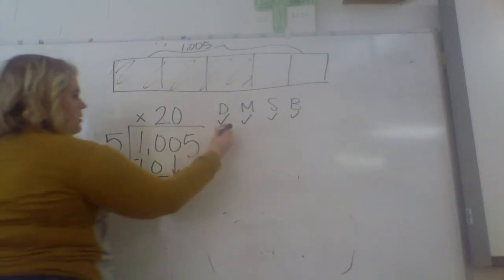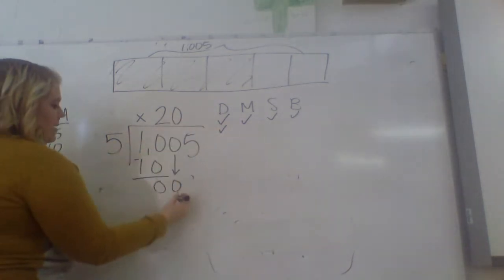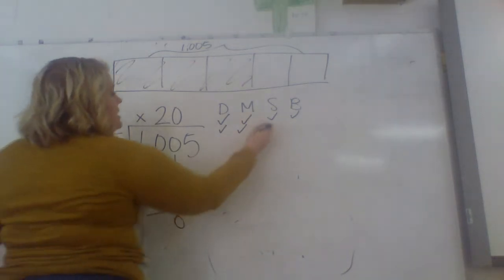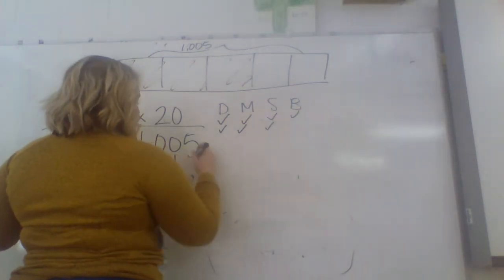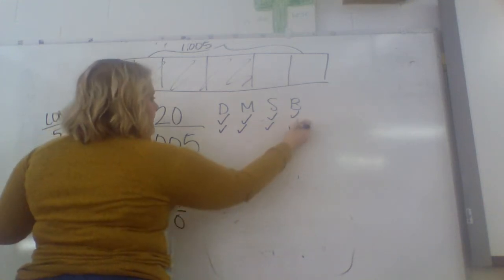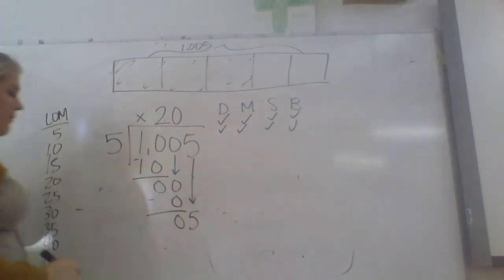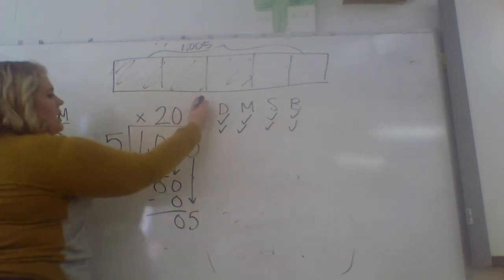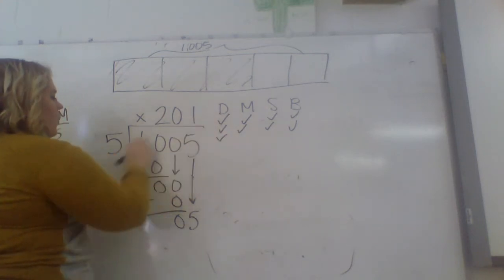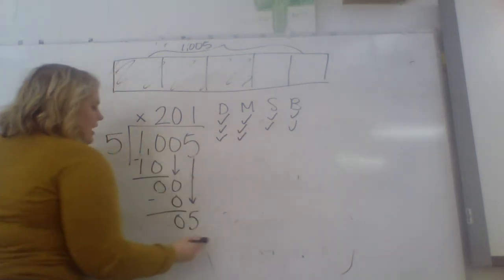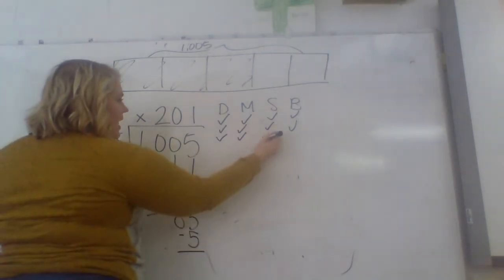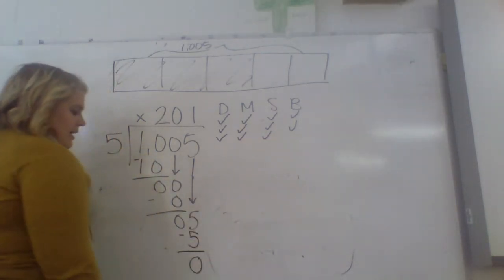So I've divided. Now I multiply. 0 times 5 is 0. 0 minus 0 is 0. And I have a 5 to bring down. I'm ready to start over. How many times can 5 go into 5? Well, if I look at my multiples, it can go in 1 time. 1 times 5 is 5. 5 minus 5 is 0.